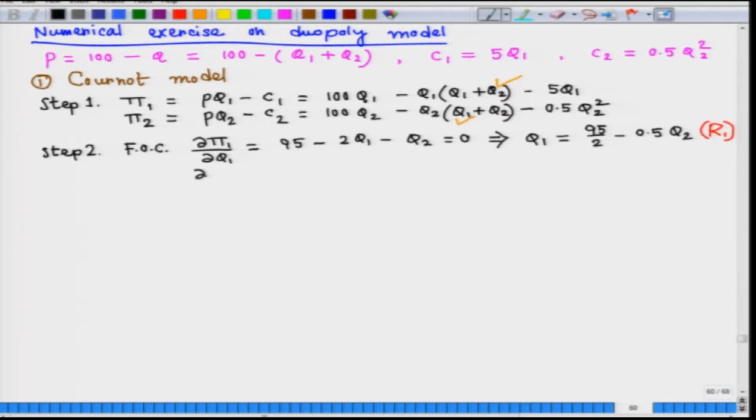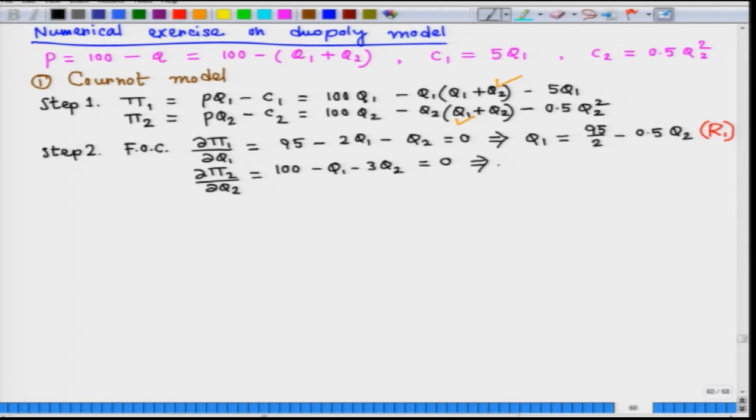So, similarly I can take the derivative of the profit function with respect to the output of firm 2, and if we do so we get 100 minus Q1 minus 3 Q2, and that shall be equal to 0 as well.